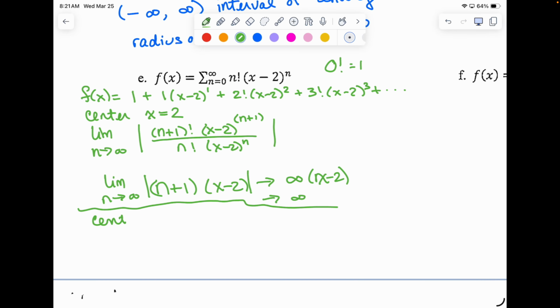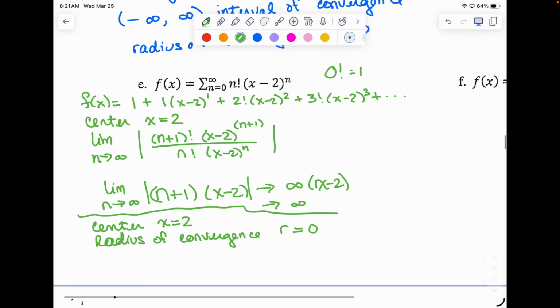We said that our center was at x equals 2. The radius of convergence is 0.